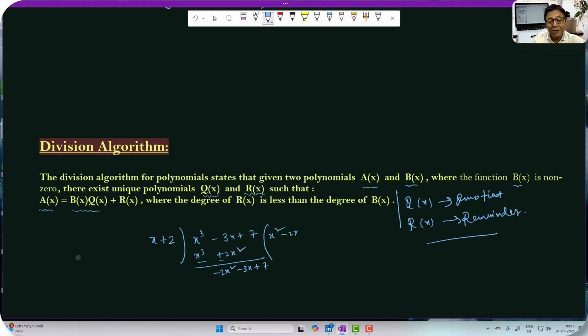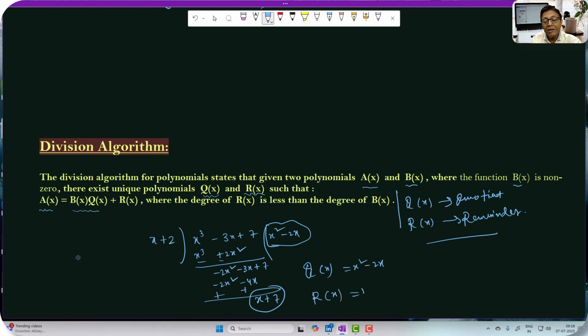Then you take minus 2x, minus 2x^2 minus 4x, plus x plus 7. You got the quotient here, that is x^2 minus 2x, you got the remainder also here.